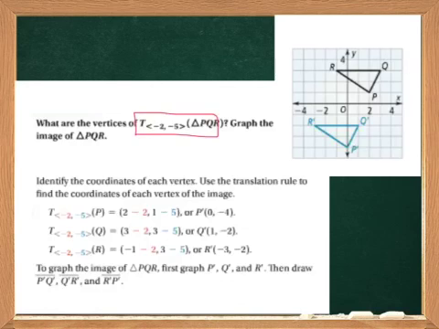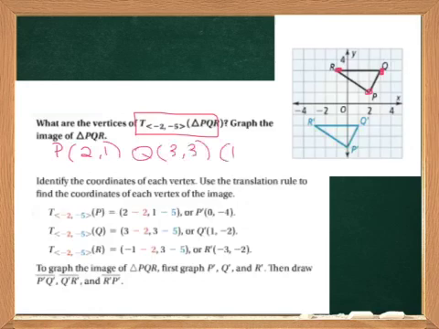So we have our original graphed, and this should be done on graph paper, just a small square. We have point Q, point P, and point R. P, our coordinates are 2, 1. Q, our coordinates are 3, 3.